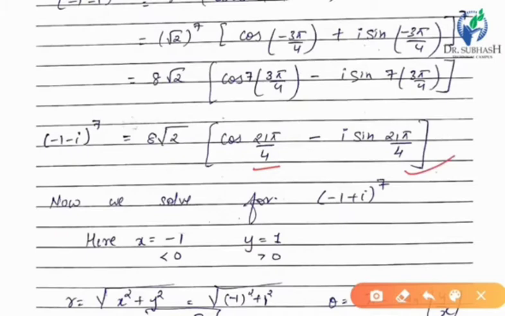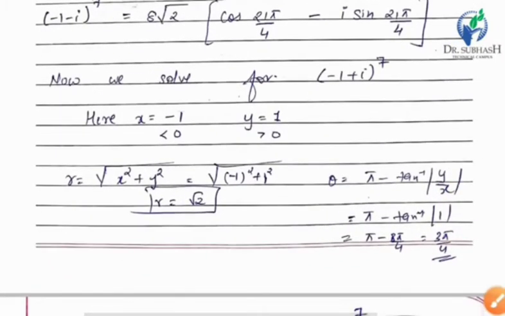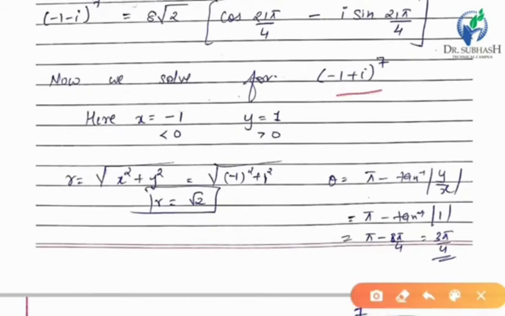Now, similarly, we will find the value for minus 1 plus i raised to 7. Here x is minus 1 and y is plus 1. x is less than 0, y is greater than 0. This will be in the second quadrant, and the formula for theta will be pi minus tan inverse y by x.